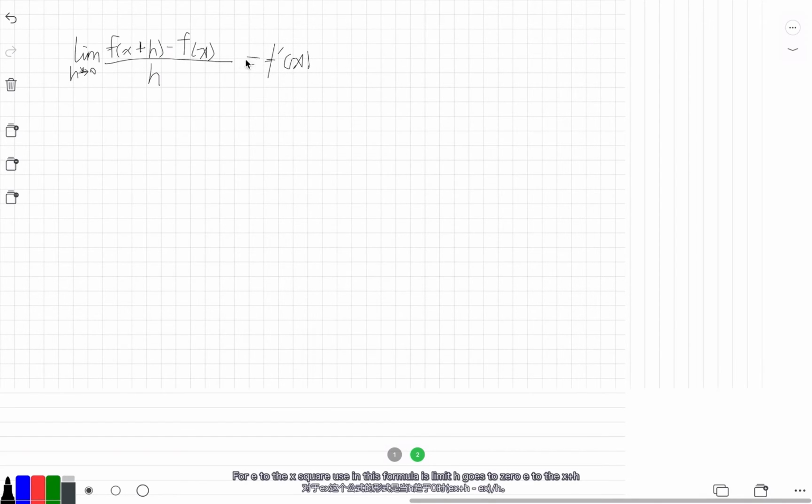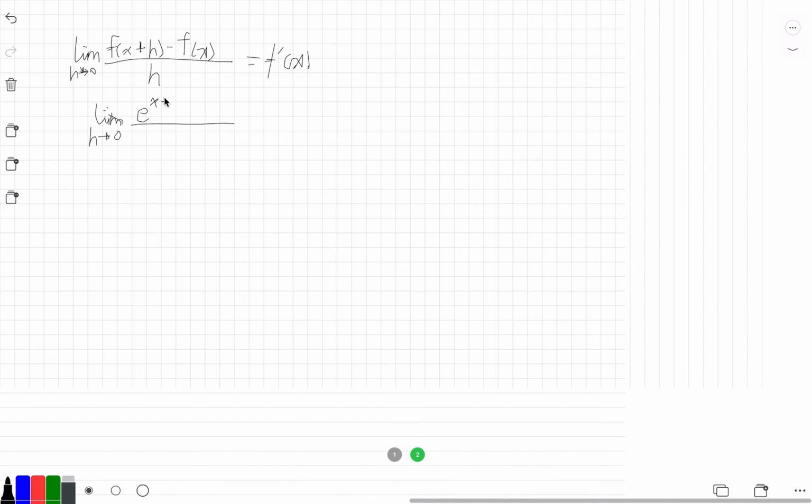For e to the x, using this formula, it is the limit as h goes to 0 of e to the x plus h minus e to the x, divided by h.